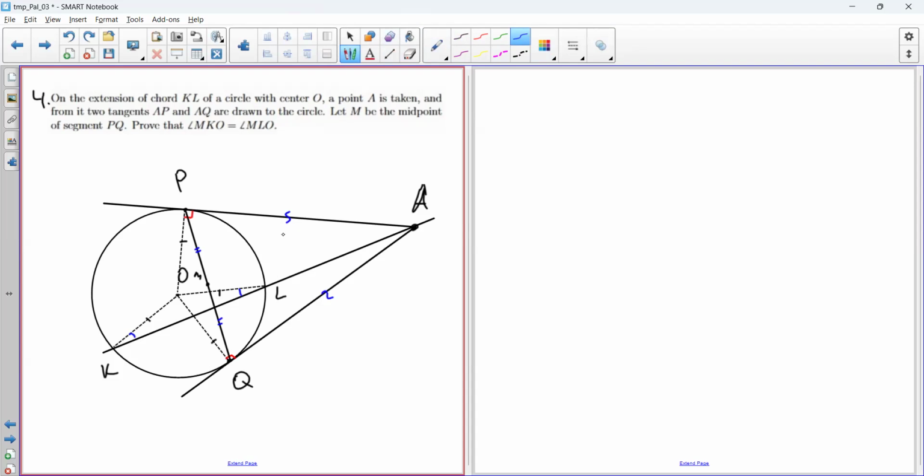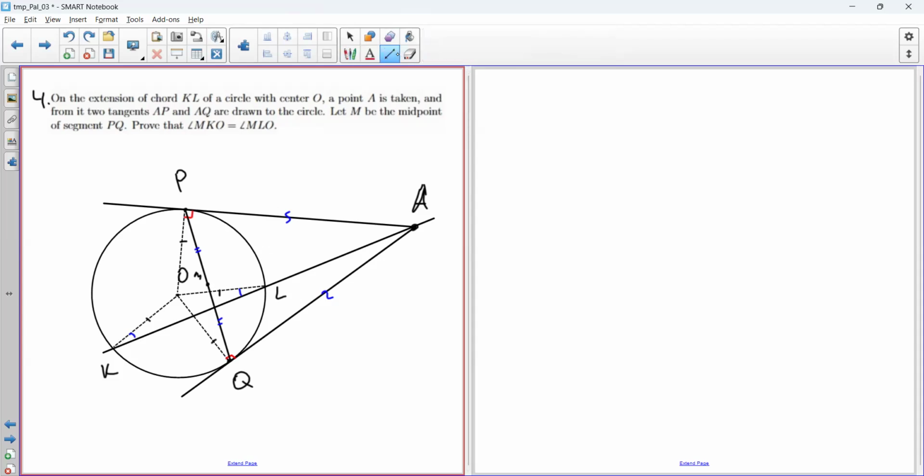From this point of view, that is a must-do. So we must denote that those are equal in the previous iteration of the drawing process. So I have this isosceles triangle PAQ, in which I draw the midpoint of the base, the point M.